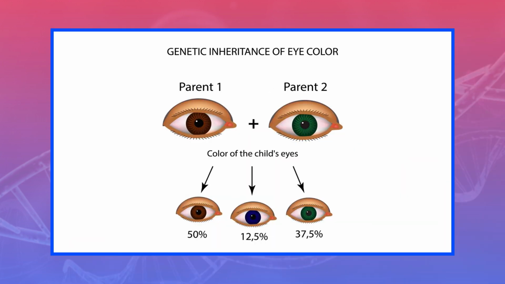However, for traits that originate from the recessive gene, both genes need to be recessive. For example, the gene for brown eyes is dominant, and so having just one of these in a pair will result in brown eyes, that is the dominant gene will express. However, the gene for blue eyes is recessive, so both of them are needed to get blue eyes, that is both of them should be present together.